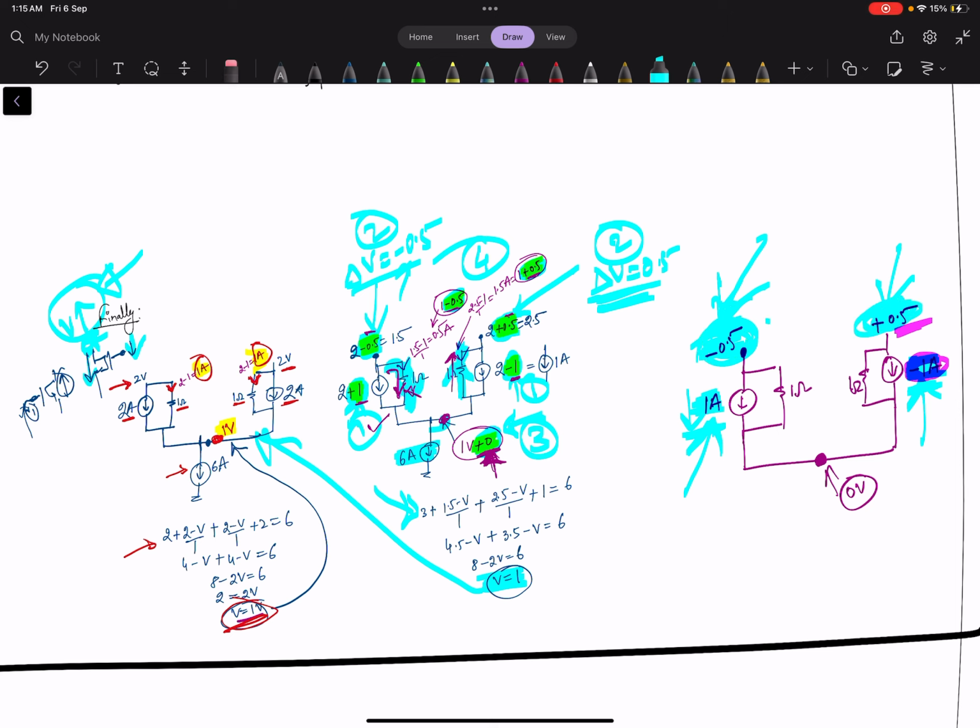Whenever you see such a thing in your circuit, the change in potential will be 0.